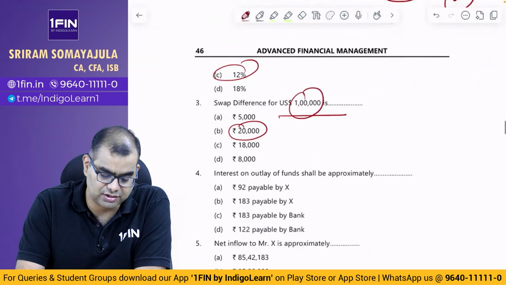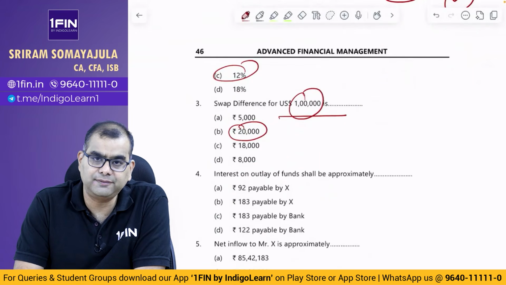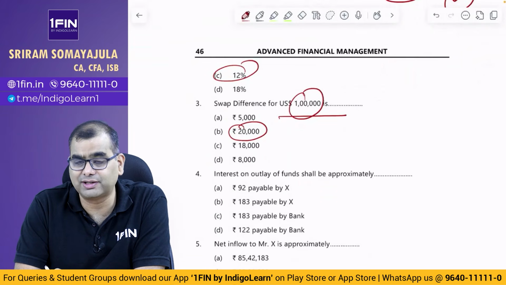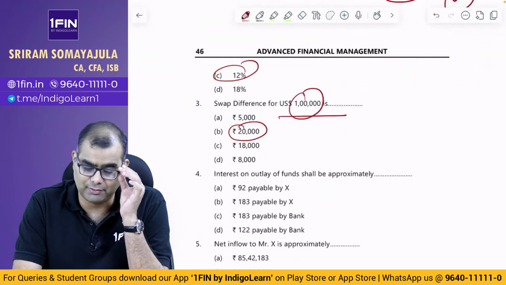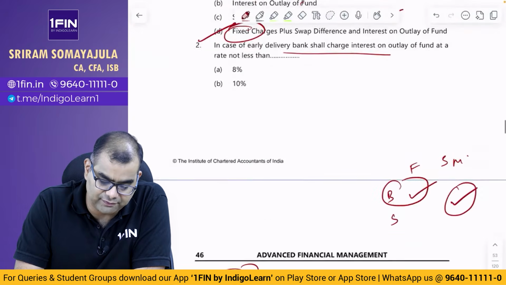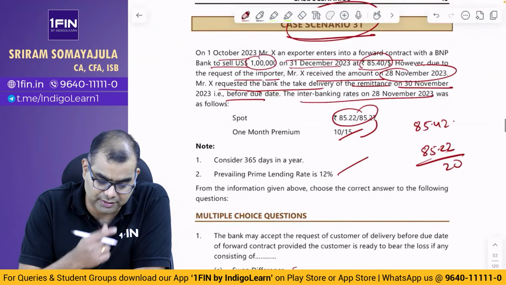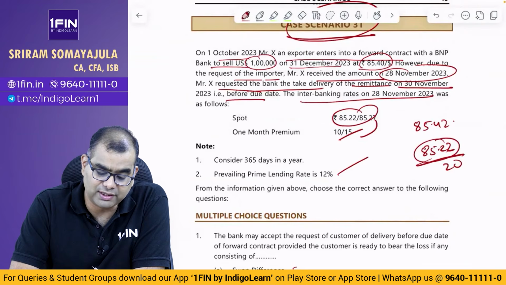Then what is the interest on outlay of funds? It is the change in funds. See, when you enter into a forward contract, there is no funds flow. Funds flow happens only when there is a buy or sell in the market. Now in our case, what have they done? They have sold something in the market at 85.22, right? What else also happened?